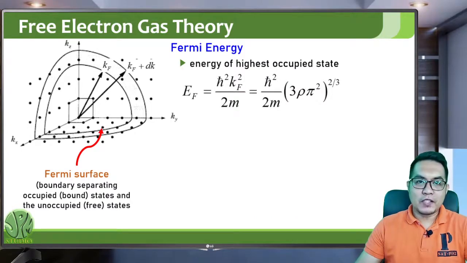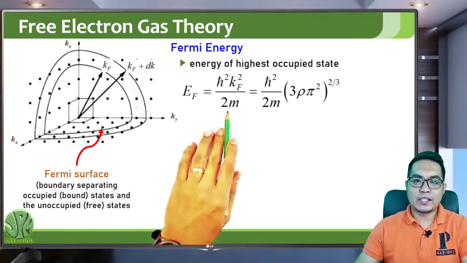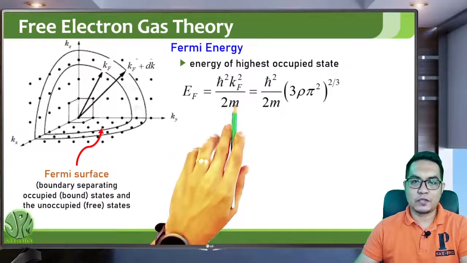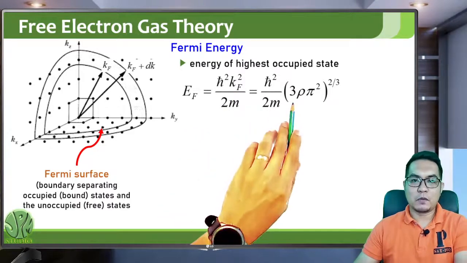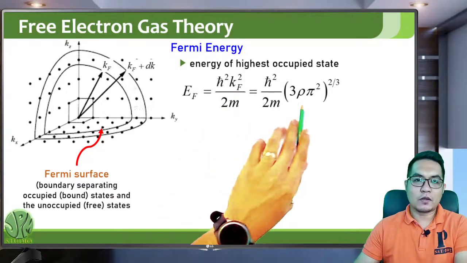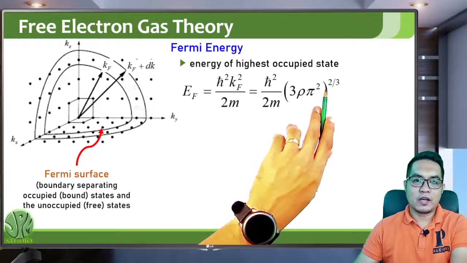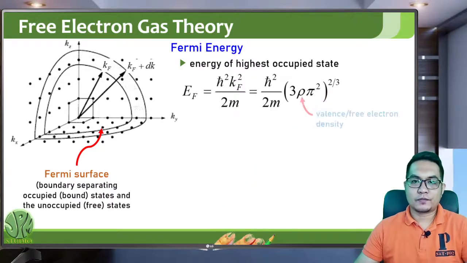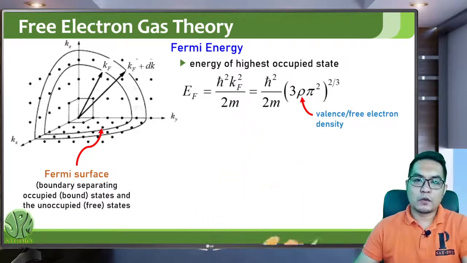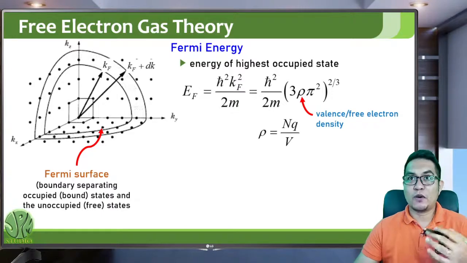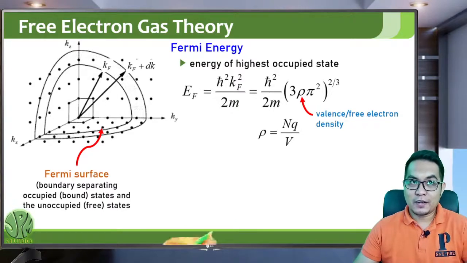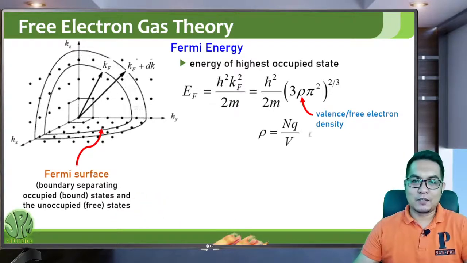So the Fermi energy from the free electron gas theory is just h bar squared kf squared. kf is the Fermi wave number, and it's equivalent to (3 rho pi squared) to the 1/3, where rho is what we call the free electron valence electron density, which is just equal to the free electron density, because only the valence electrons can become free electrons.